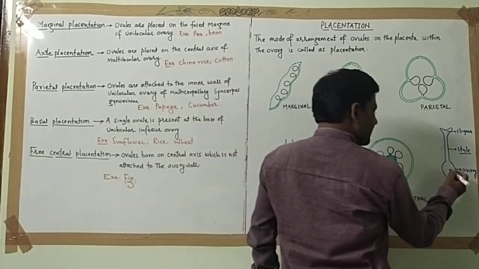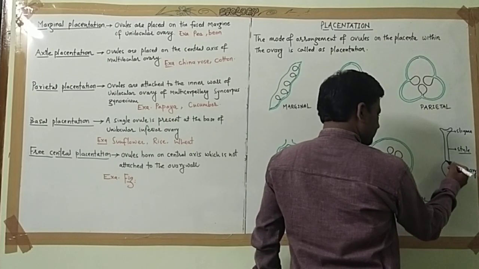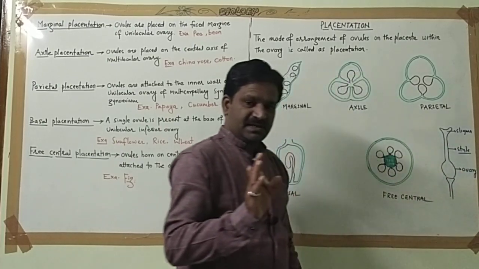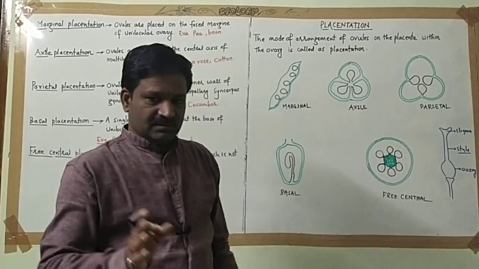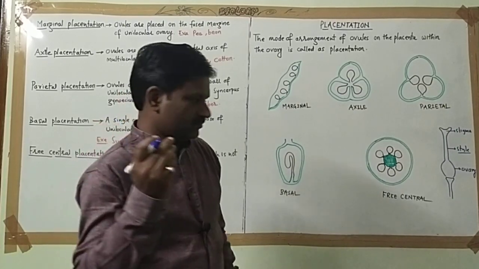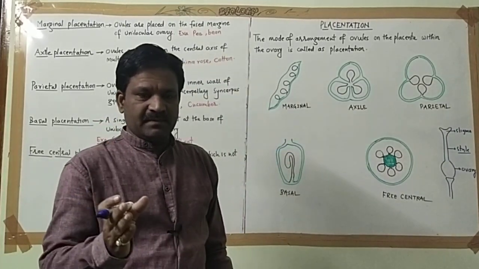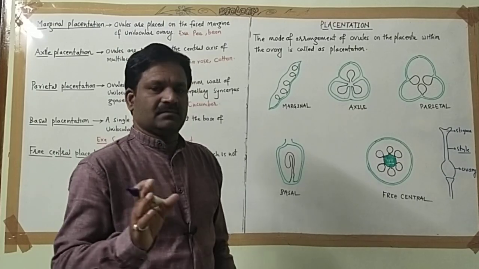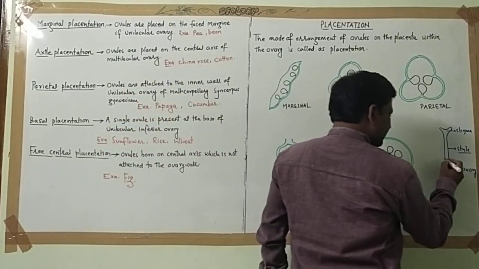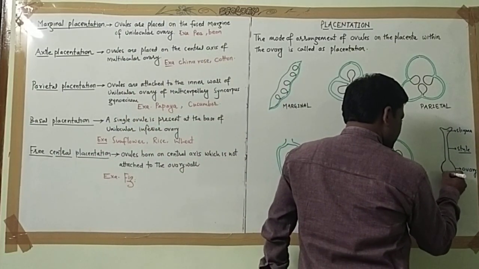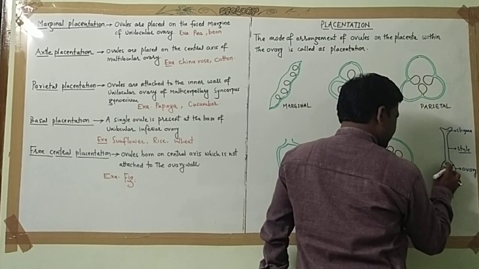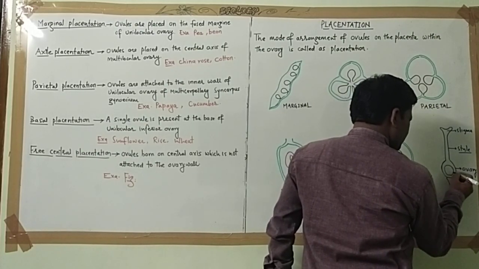there are many ovules. That ovary may be uniovular or multi-ovular. Means this ovary contains the ovules.